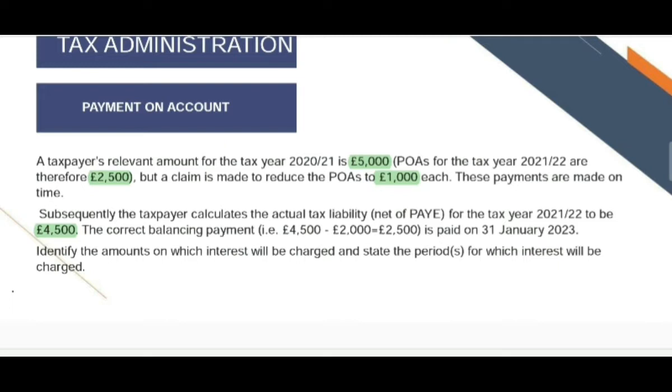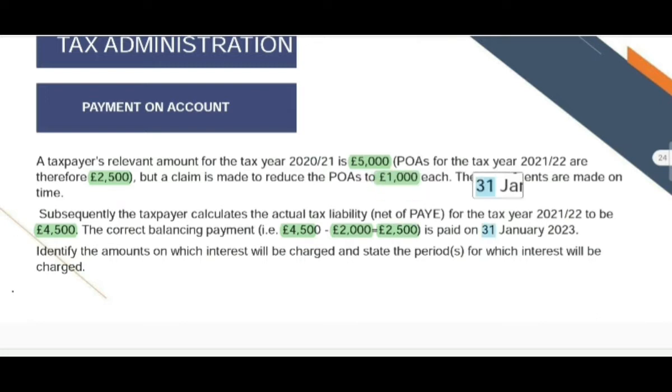First, we need to consider that the balancing payment is 4,500 minus 2,000, which is equal to 2,500. In two installments, 1,000 plus 1,000, the total amount that has been paid is 2,000, and if this amount is deducted from final tax liability, then you will get the balancing payment, and that is 2,500.